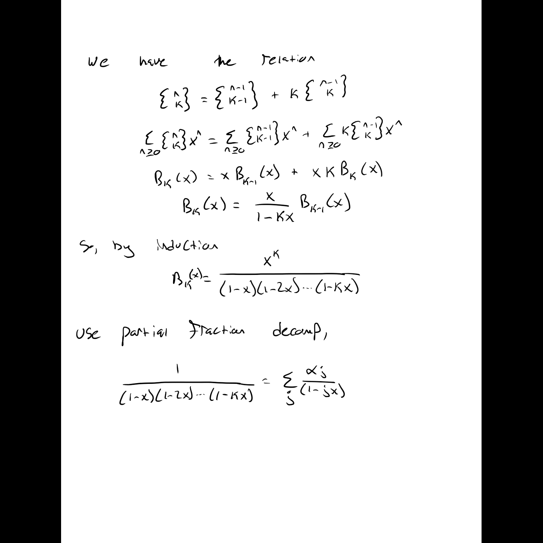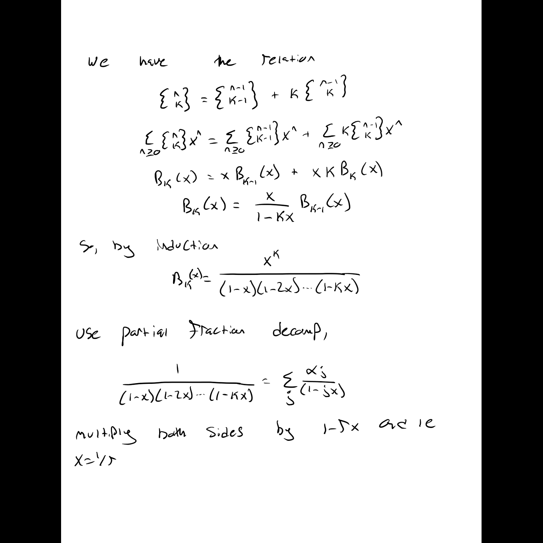And how we would solve for these alpha_j's is we're going to multiply both sides by 1 minus rx, and let x be equal to 1 over r.